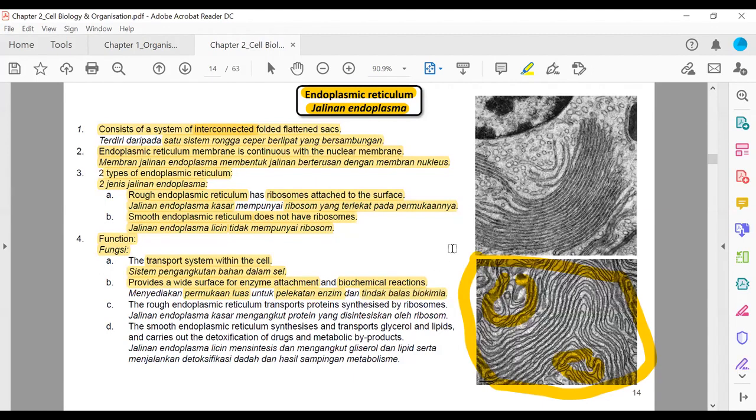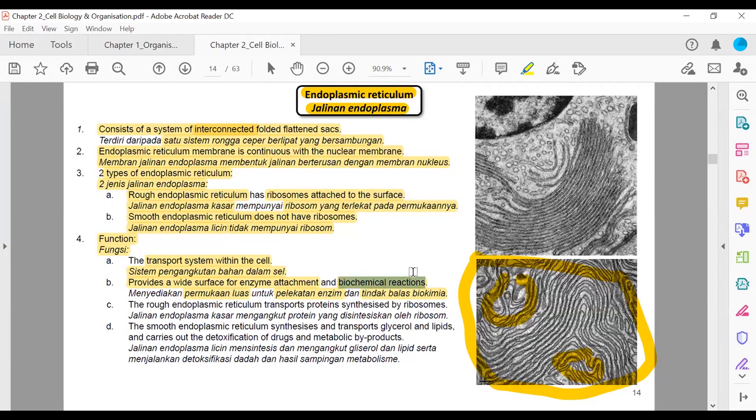So because dia berlipat-lipat dan bersambungan, so what happen, permukaan area ini digunakan oleh enzim-enzim dalam sel untuk melekat di atas dia. So dia membekalkan wide surface, permukaan yang luas untuk enzim melekat di atas dia, dan bila enzim melekat di atas dia, lepas tu berlaku biochemical reaction also can occur, tindak balas biokimia.